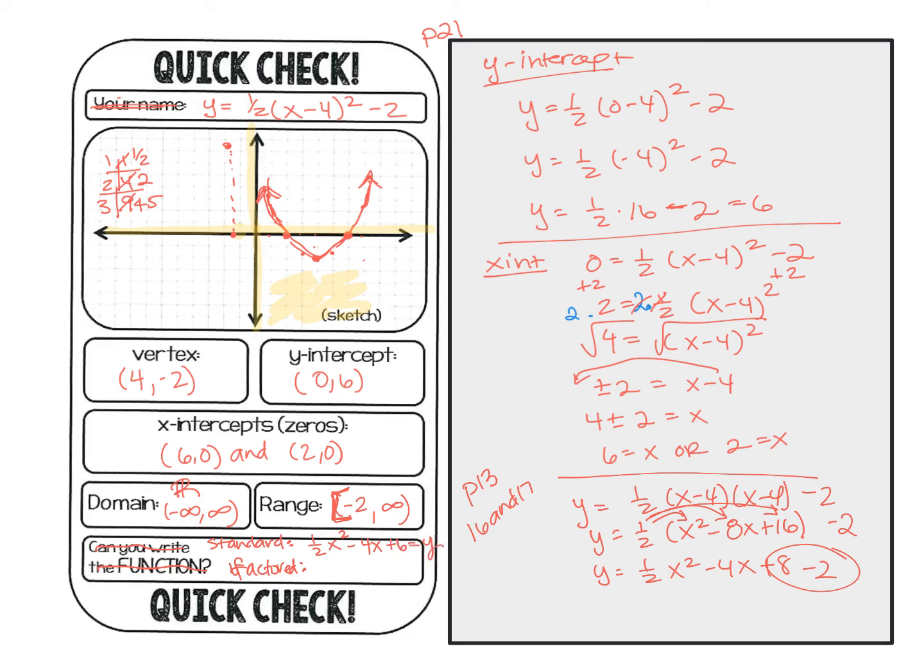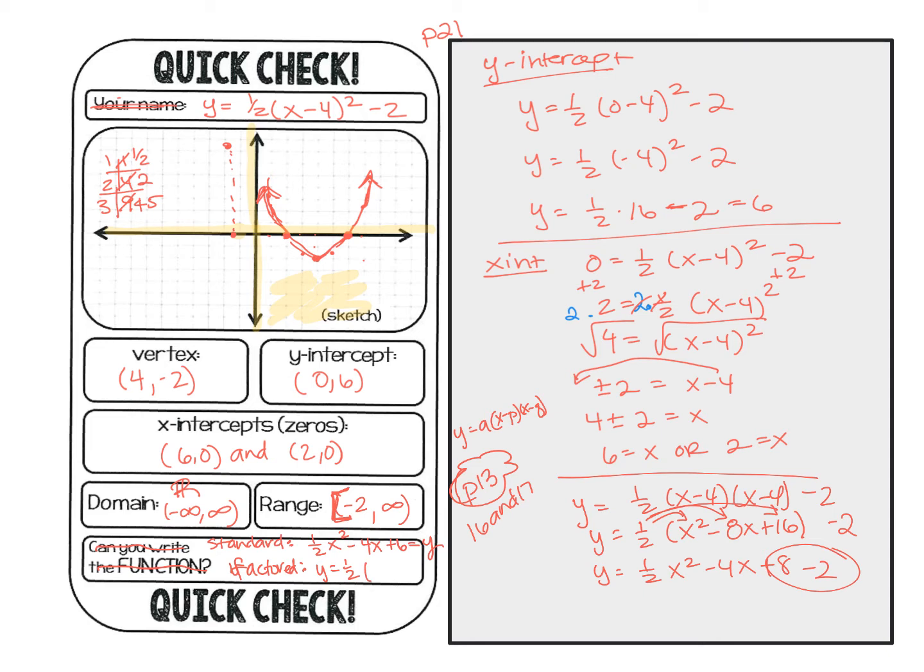Now my factored form, if you go back and look at page 13, you'll see that it says under factored form that it's a times, I think they use p and q, x minus p, x minus q, where p and q are my x-intercepts. So I'm just going to slide my numbers into the formula. In factored form, my a is 1/2, and my x-intercepts were 2 and 6.